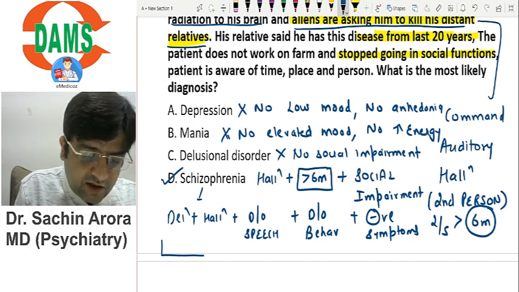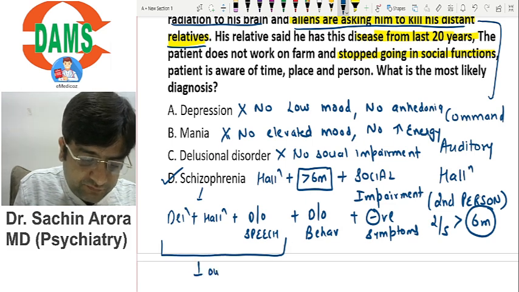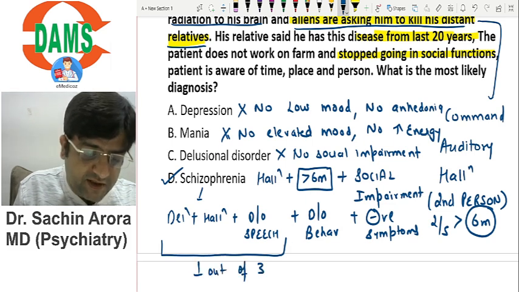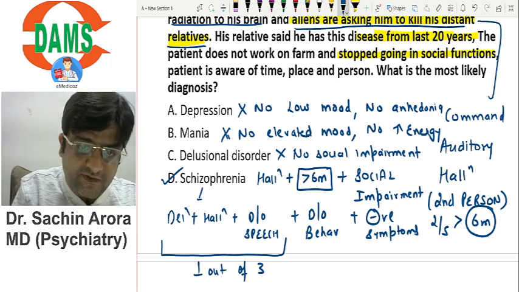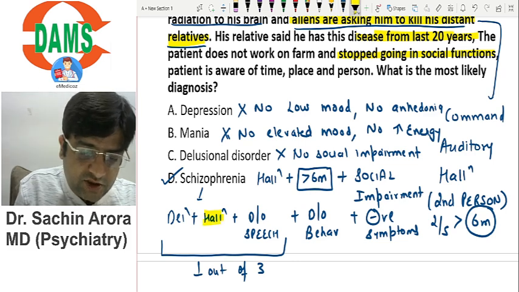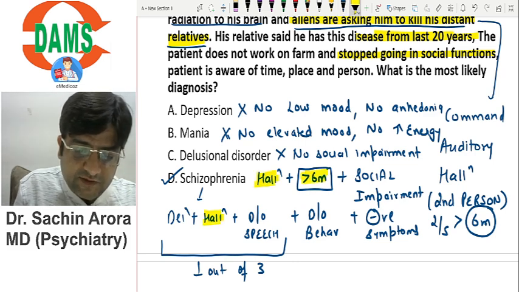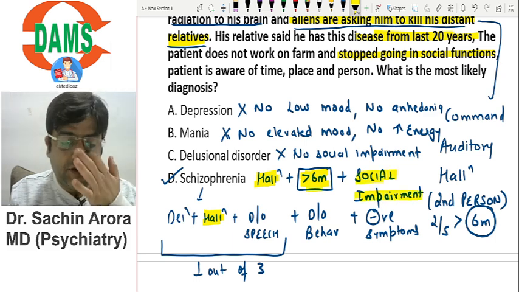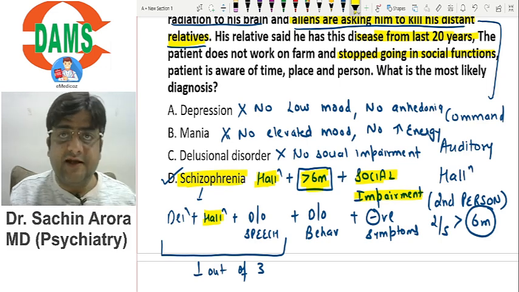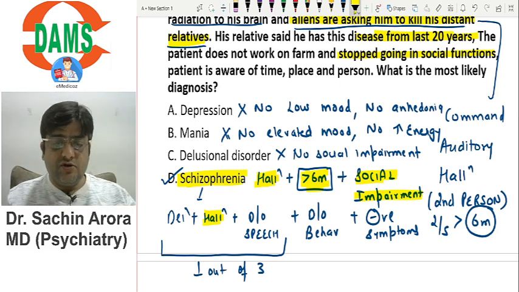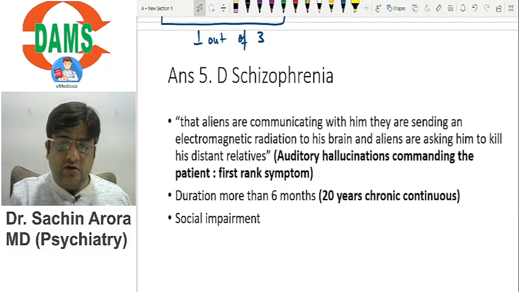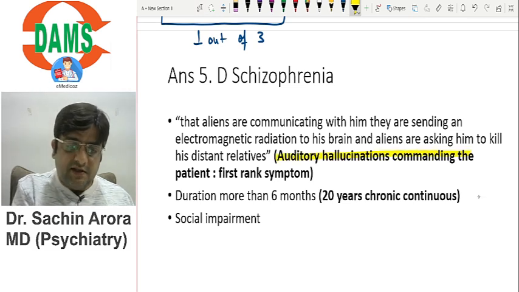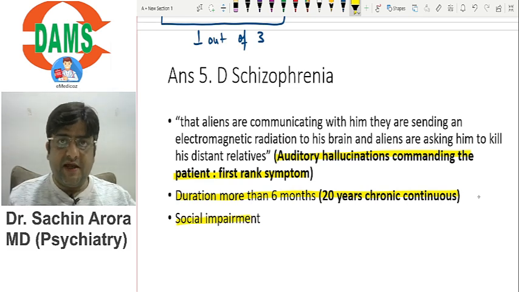At least 1 out of the first 3 must be present, and in this case we have hallucination, 6 months, social impairment. This points toward the diagnosis of schizophrenia. Auditory hallucination commanding the patient is a first rank symptom, with duration more than 6 months and social impairment.